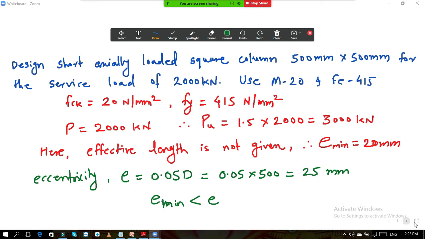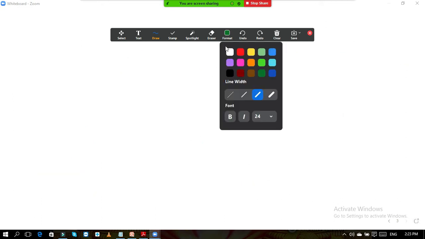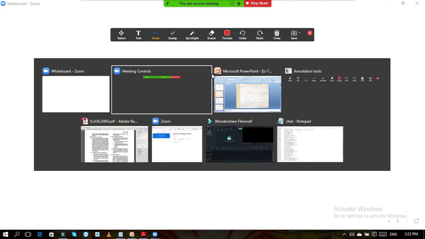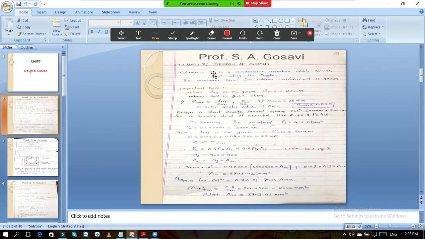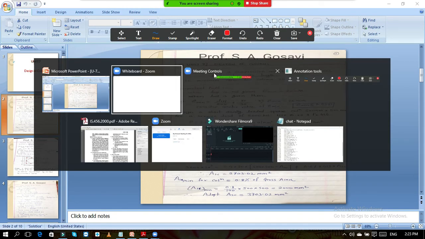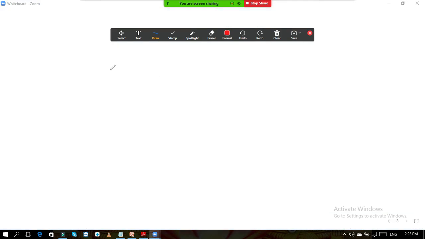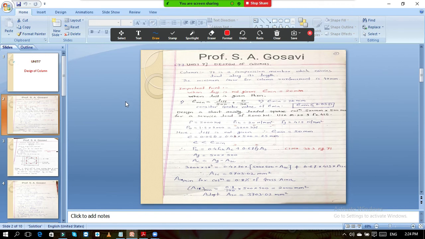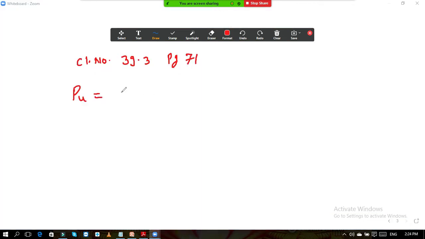Therefore according to clause number 39.3, page number 71, you should write down these things. Pu, that is the ultimate load carrying capacity of the column, is equal to 0.4 FCK into AC, plus 0.67 Fy into ASC.